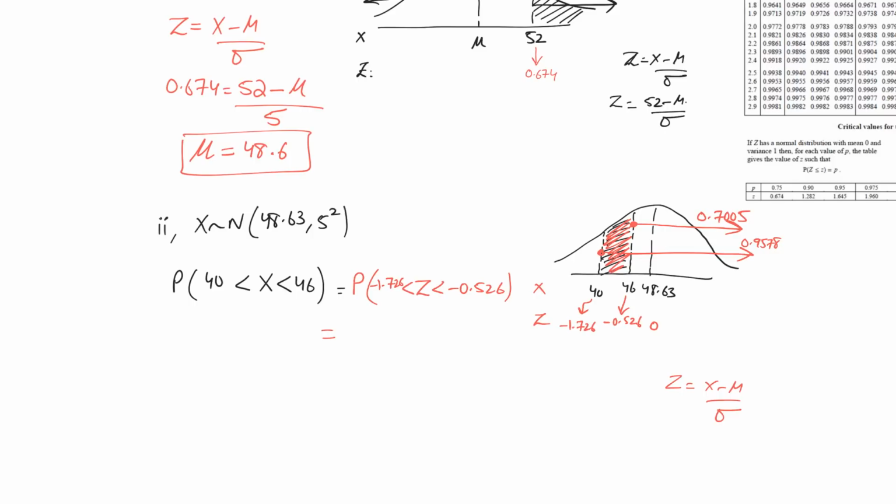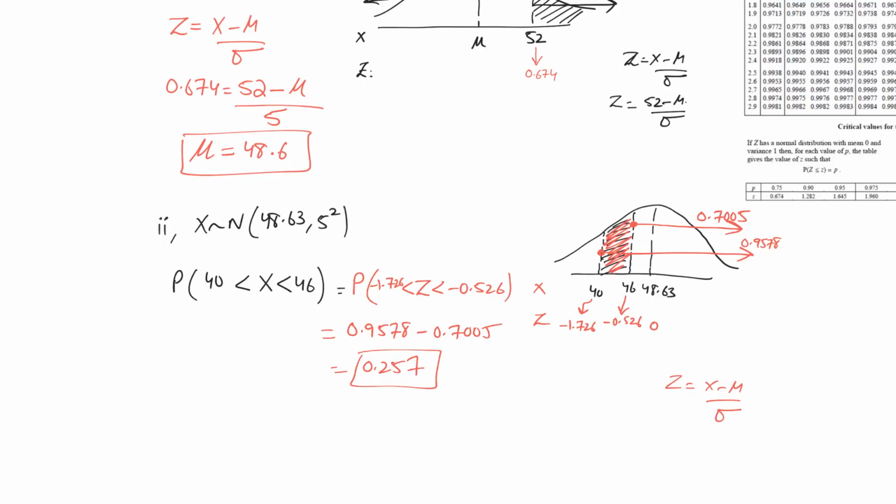Now in order to find the region between them, we will subtract the two values and you get 0.257. This is the probability that on any particular day his lunch break lasts between 40 and 46 minutes.